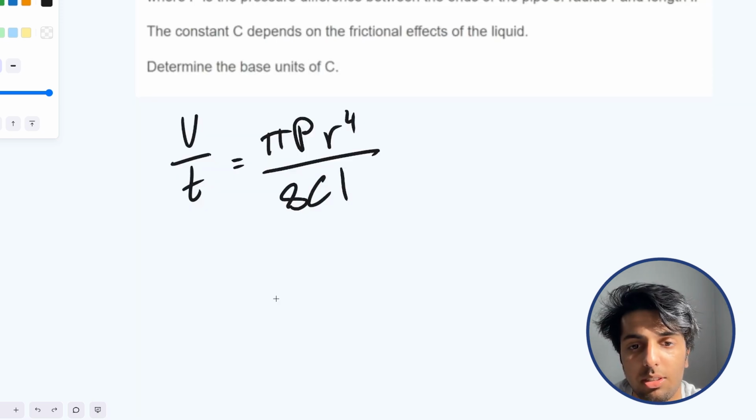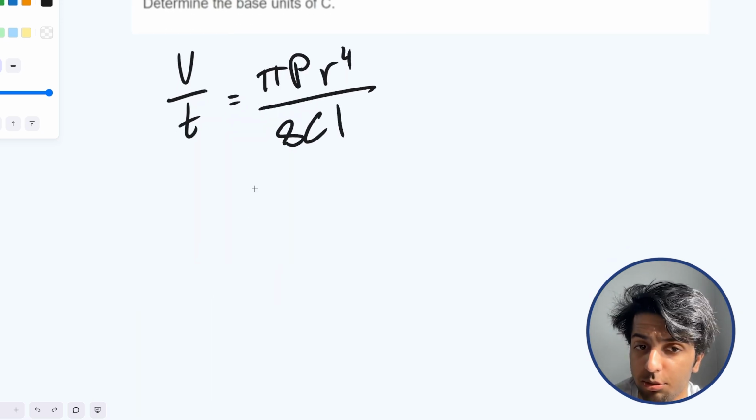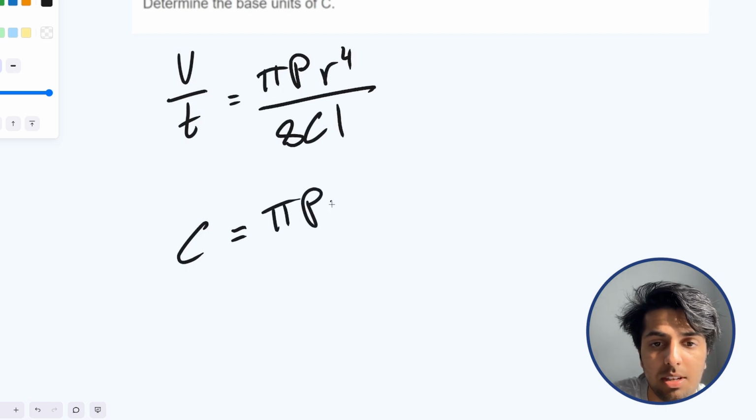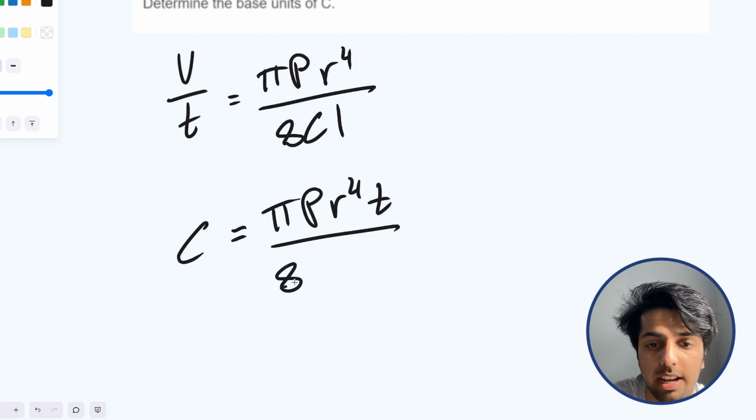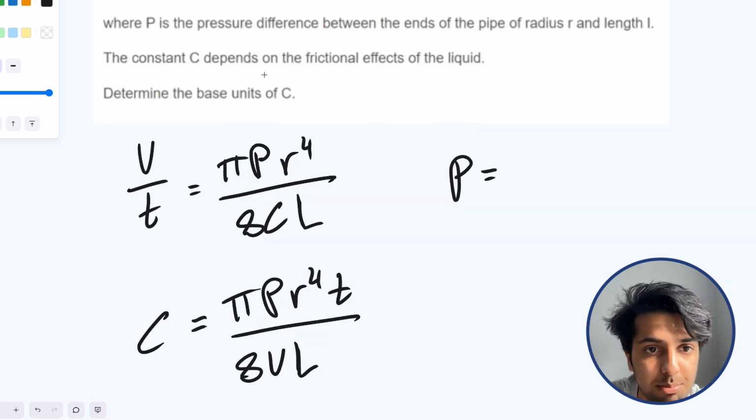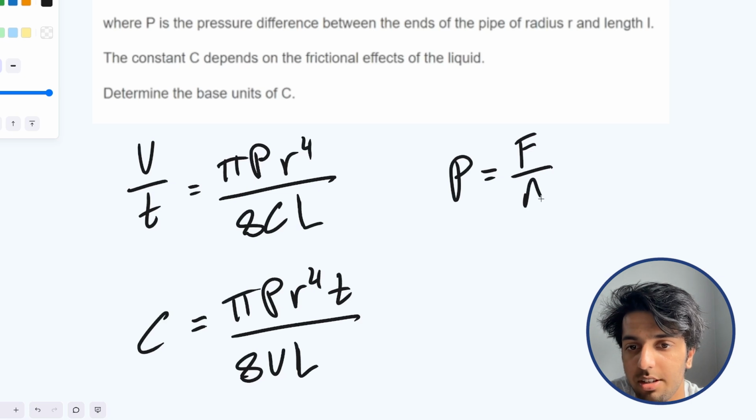Okay, now that we're back, I would rearrange for C to make it easier. So we got C is equal to pi p r to the 4 times t over 8VL. We'll probably do capital L. As you know, or you should know by now, that pressure, which is the P, I'm pretty sure, yep, P is the pressure, is the amount of force applied over an area, right?